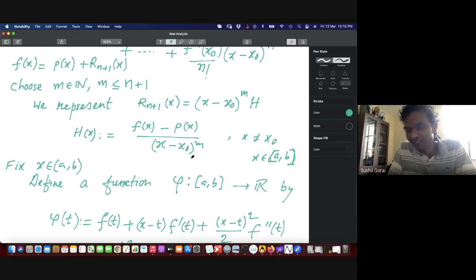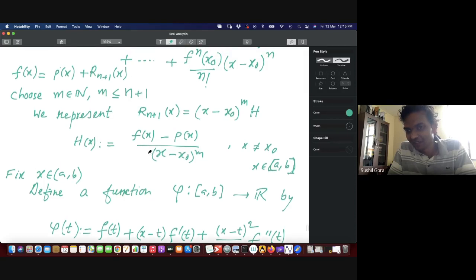See, near x naught there is a problem. So this part, if m is n plus 1, then there is a problem here, right? Until m is n, this part would get cancelled in some way. So you have to check.